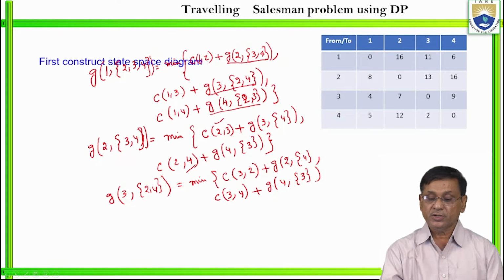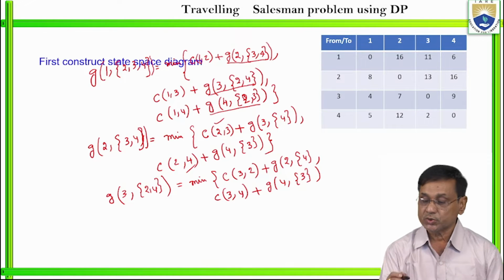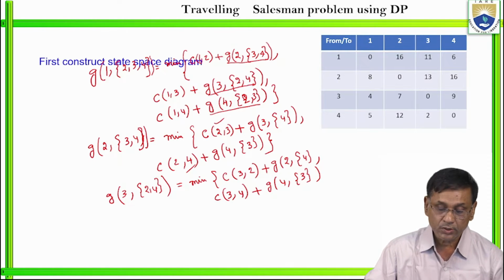So like this you can write for this also similarly, then we can find out the values and then we can find out the total cost. Now the same thing has been done here, you can see.